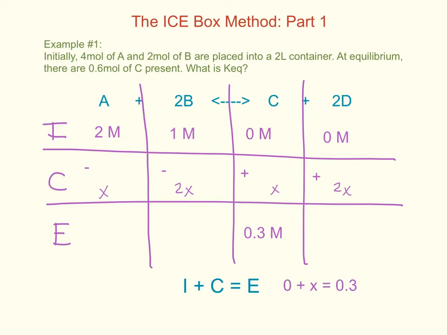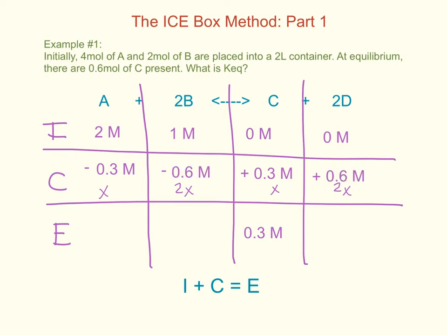I have 0 plus X equals 0.3 M. So I can very easily solve for X because I know X has to be 0.3 molar if 0 plus X equals 0.3 M. Now that I've solved for X, I can put in a 0.3 molar everywhere else there is an X, and I can also solve for my 2X, which is going to be 0.6 molar.